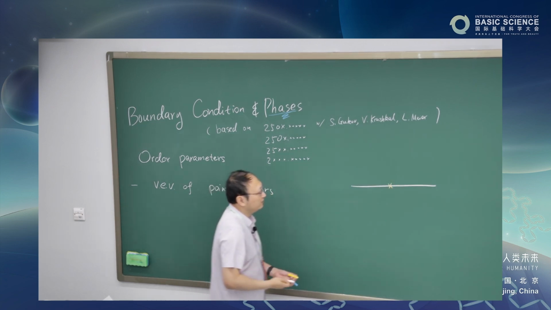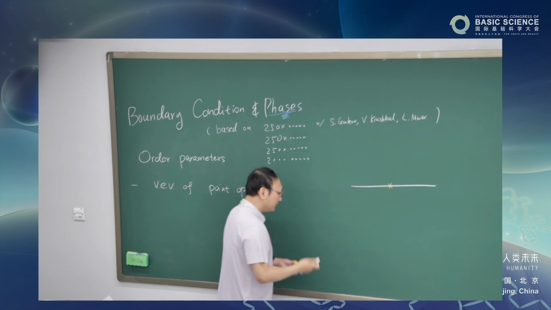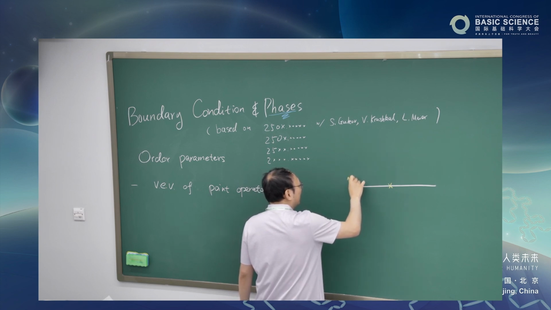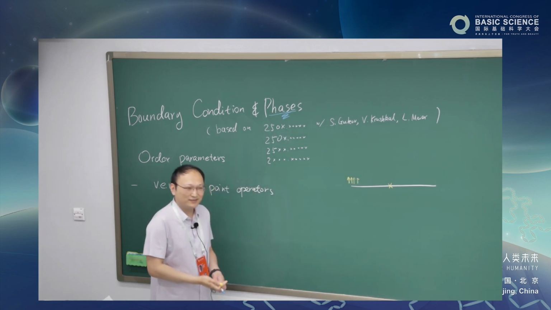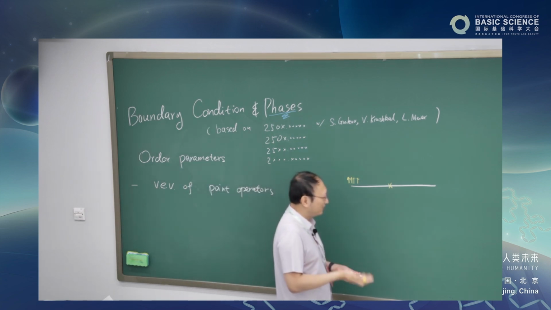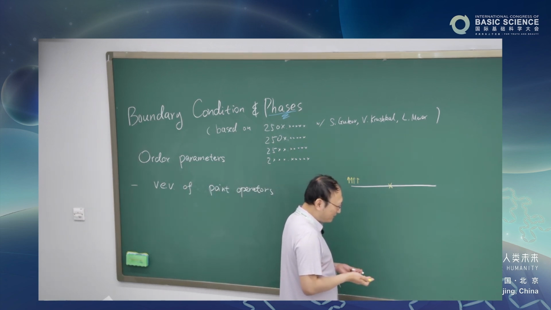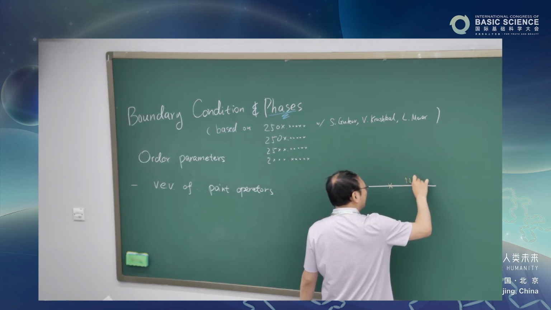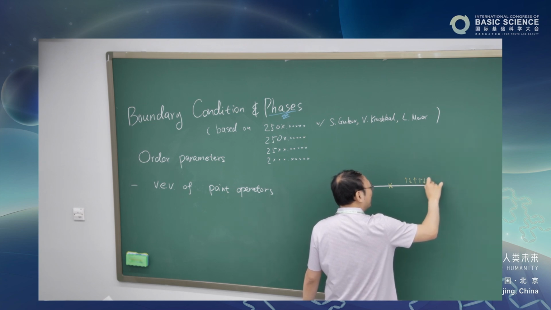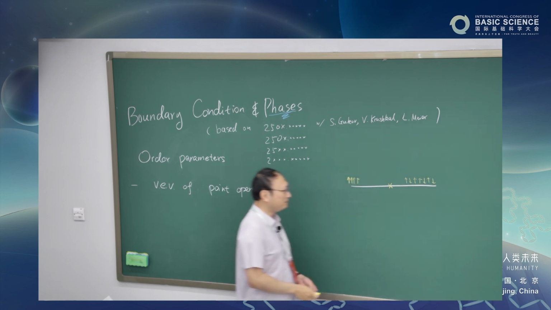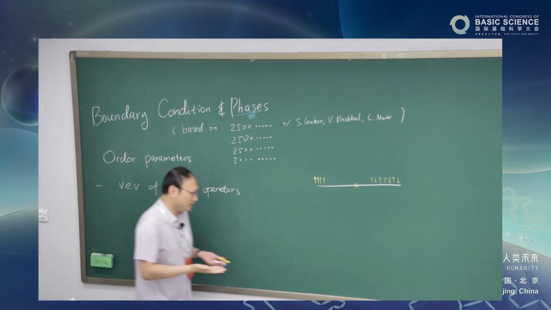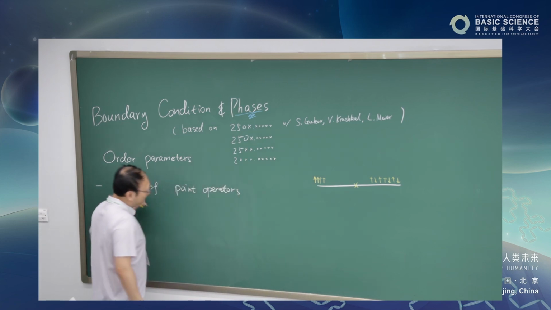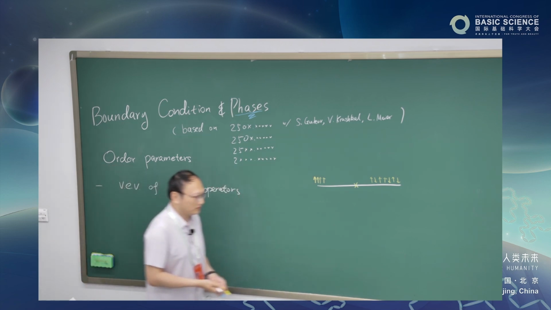So if you start with a magnet, then the spins are pretty much aligned. But then you start to heat it up, then around the Curie temperature, something special happens. And after that, the spins are not aligned and are somewhat at random. And one way to distinguish these 2 phases is to use the vacuum expectation value of some local operator.